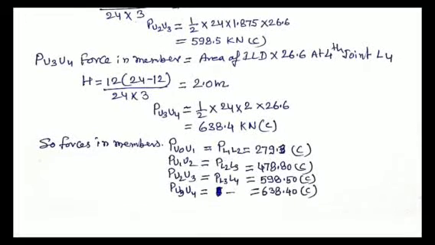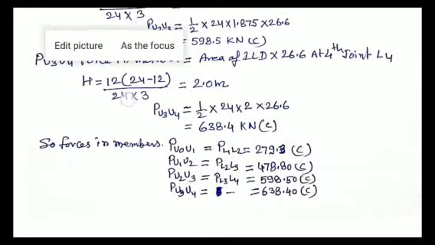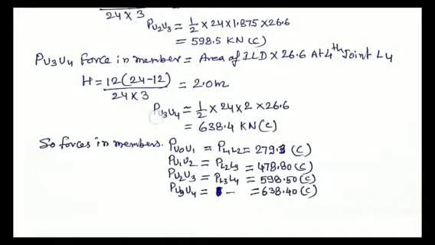Now finding the load in member U3 U4. The force in the member will be equal to the area of the ILD multiplied by 26.6. It is at the fourth joint L4. So the height of the ILD at the fourth joint will be 4 multiplied by 3, which is 12, multiplied by 24 minus 12 divided by 24 into 3.